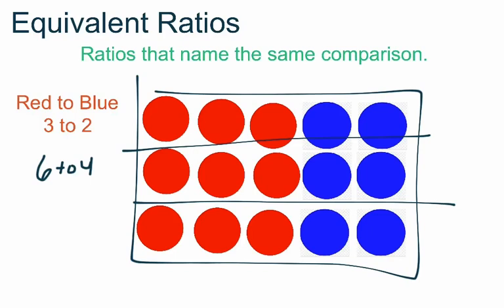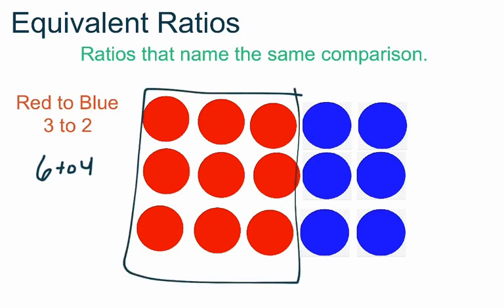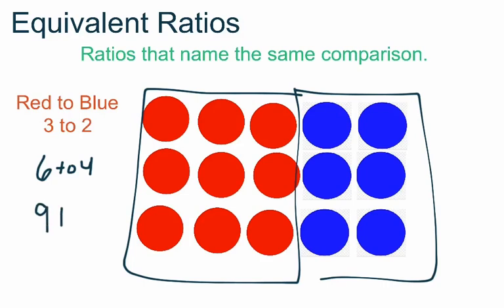Now, as I'm continuing on, I could add 9 reds onto this ratio, because I have 9 right here. If I add 9 reds, how many blues am I going to have to add? Hopefully you said 6. So you can always add a past ratio to it as long as you know its parts. So I'm going to add in our current one. We also have 9 to 6 up here on the board.